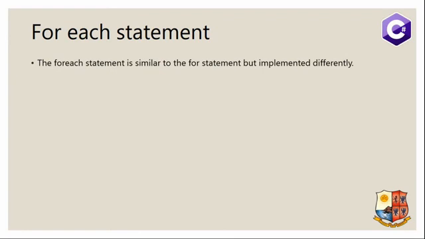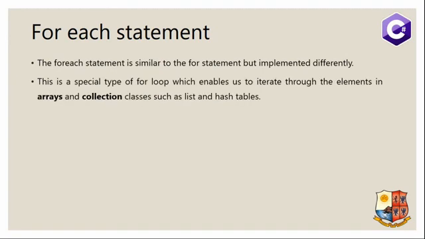The foreach statement is similar to the for, but it's implemented a little bit differently. This is a special type of for loop, which enables you to iterate through collection classes. Please note, when I say collections, I'm talking about lists, hash tables. In Java, we have come across hash map. A lot of things denote a collection, not just an array, though an array is also a collection.